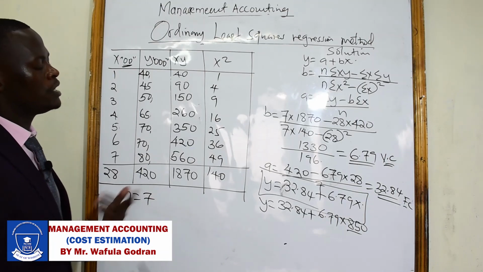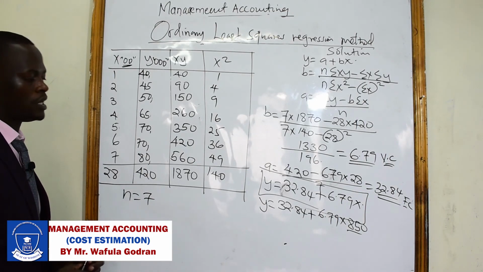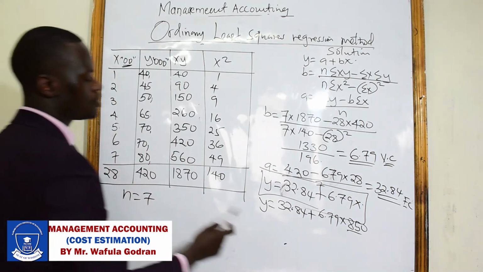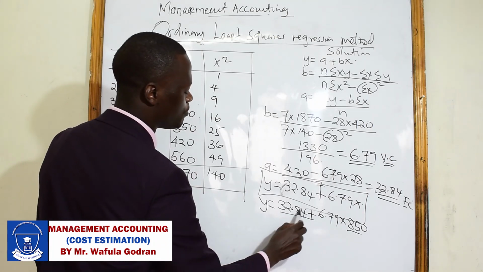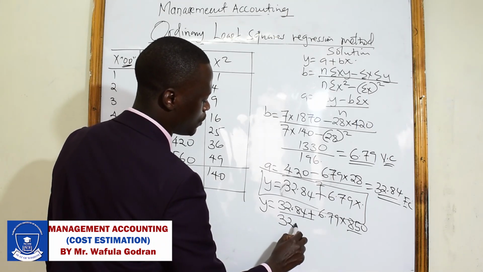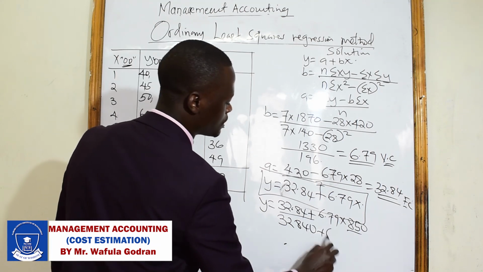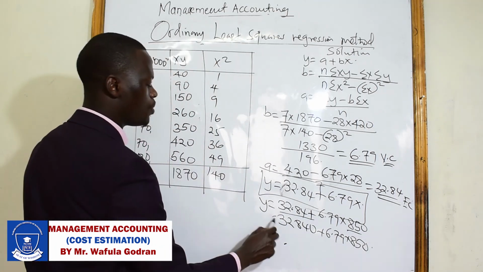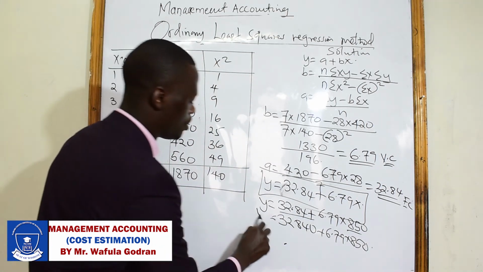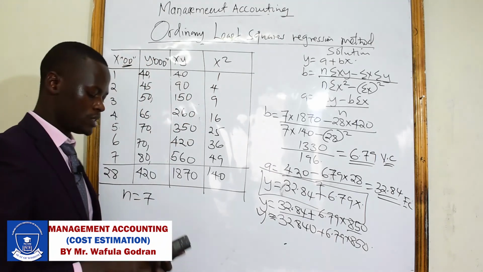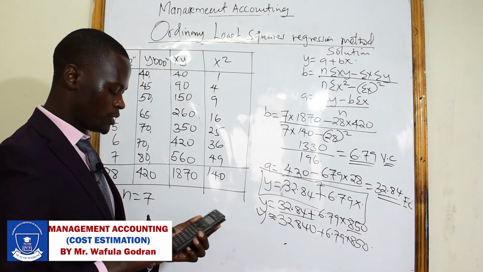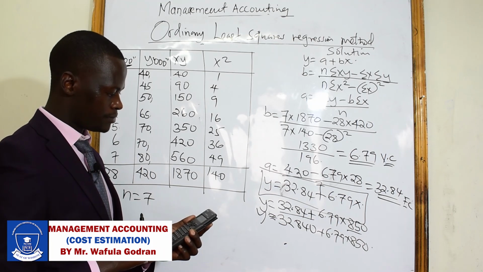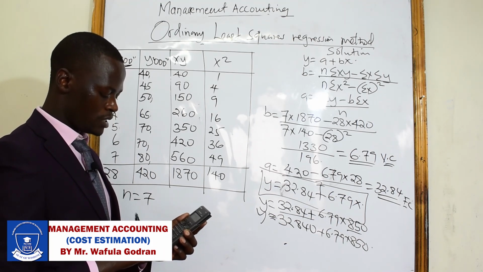So the part that we need now to get the right figure is this part, because we were talking of thousands. So that means fixed cost here would be multiplied by 1,000, would be 32,840 plus 6.79 times what? 850. And that is how we will end up getting the total cost, which is y. Therefore, we can say y is going to be 6.79 times 850 plus 32,840.